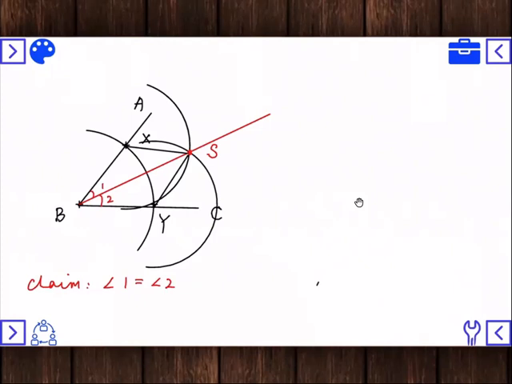Can we prove that? It's actually pretty easy. If we recall what we did, first of all, we put the compass on point B, and then we drew an arc, which is this one. Let's call this arc 1.